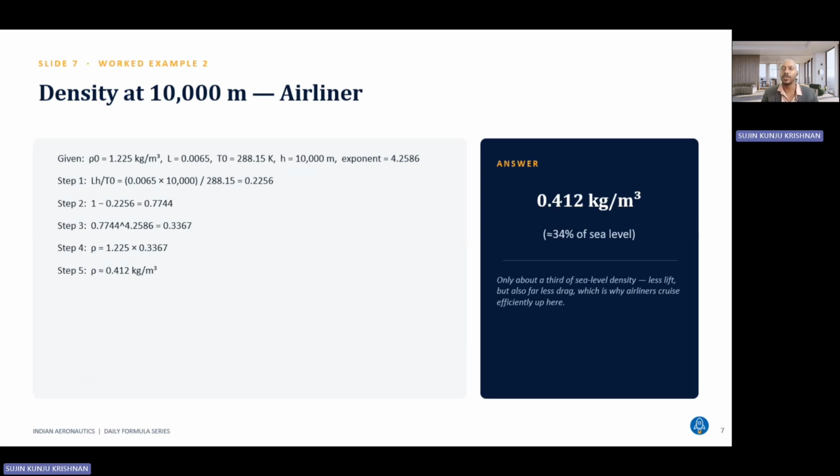Just don't reuse the exponents. Third, the sanity check. Density should always come out less than 1.225 kilograms per cubic meter within this altitude range, and it should be a small positive decimal, typically between about 0.3 and 1.2 for the atmosphere.